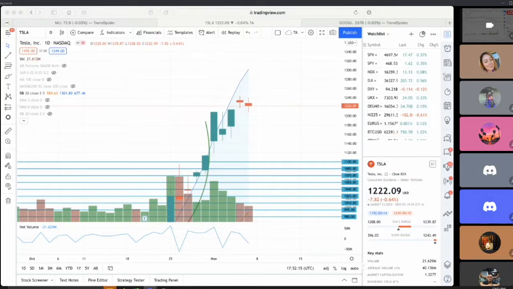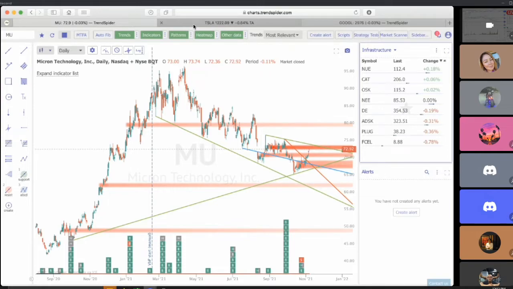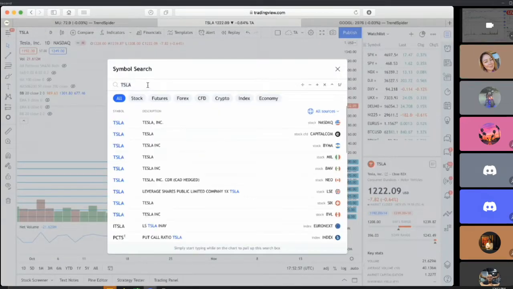Catalyst this week: price target raised to 325 by the analyst, a past this week event. Okay, Nvidia.